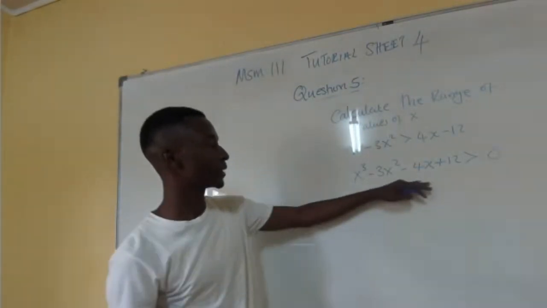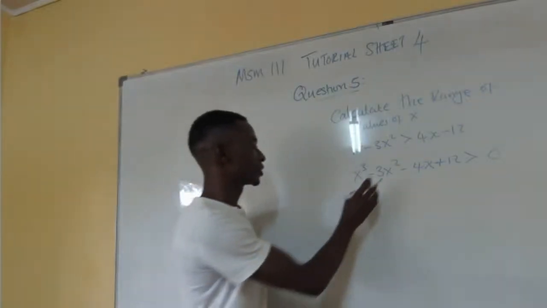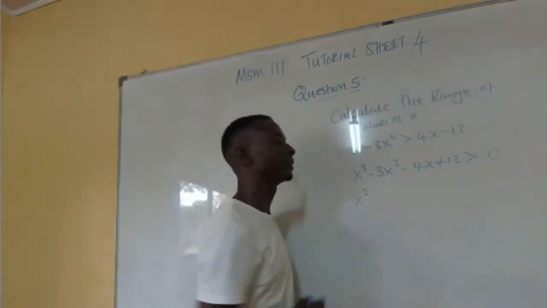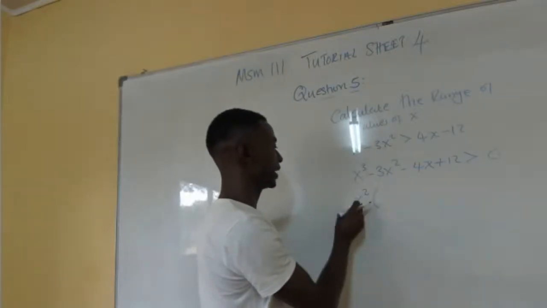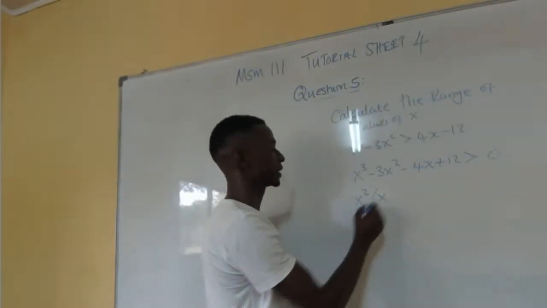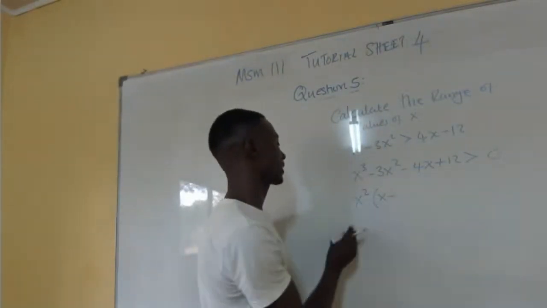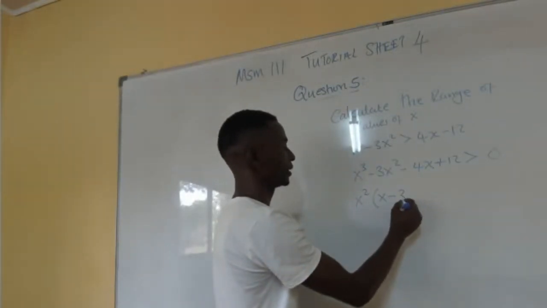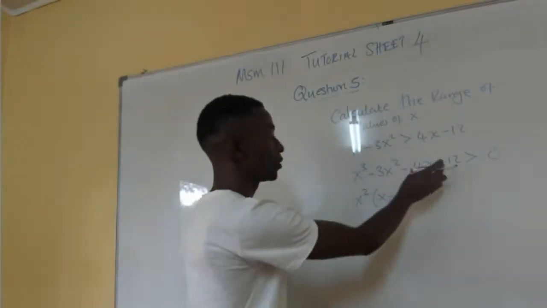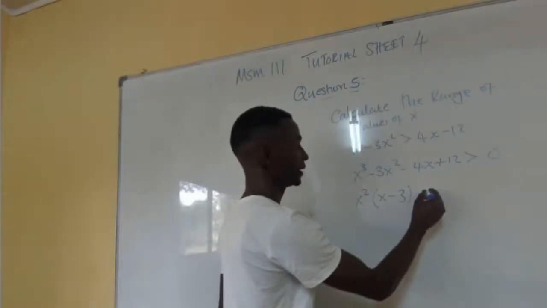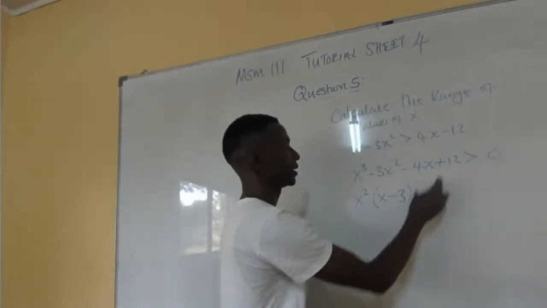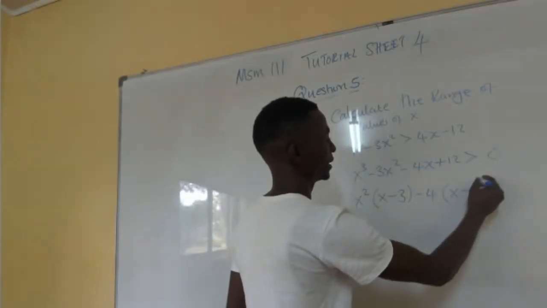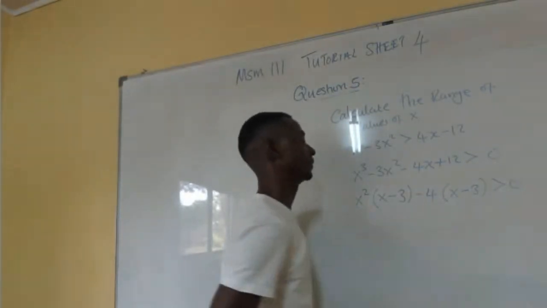Then from there you factorize. So we're going to factorize by grouping. So what is our GCF here? Our GCF is x squared. So now you do that. x squared into that, it's x. Minus x squared into 3x squared will remain with 3. What is our GCF there? It's negative 4. You do that, x minus 3, you do that, then greater than 0.